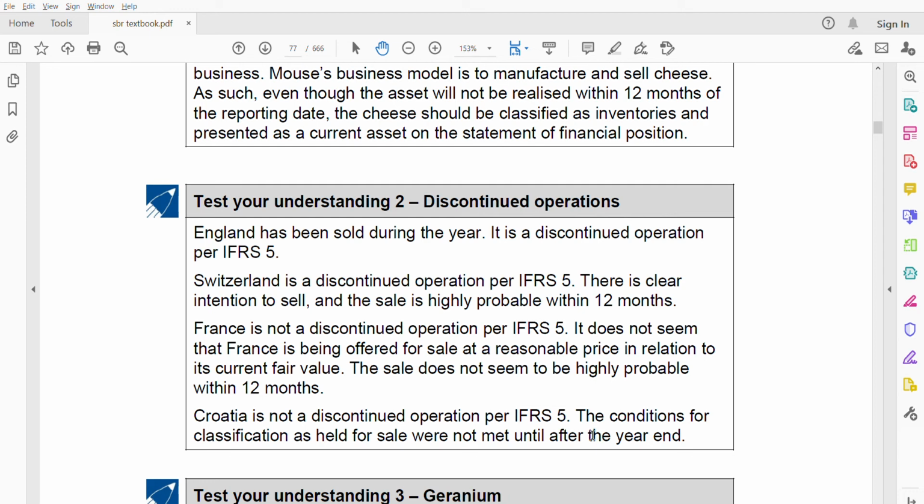Okay, so with this, I complete my IFRS 5. The next standard is a small standard, IFRS 7, financial instrument disclosure. There are three separate standards based on financial instruments. One is the main one, IFRS 9, covering classification, recognition, financial assets, financial liabilities, and valuation. Another is IFRS 7, which is disclosure.